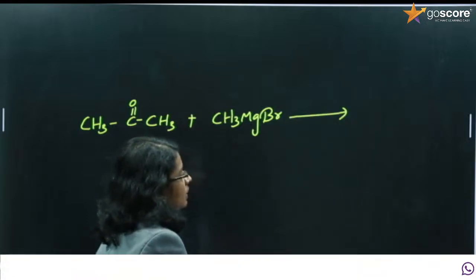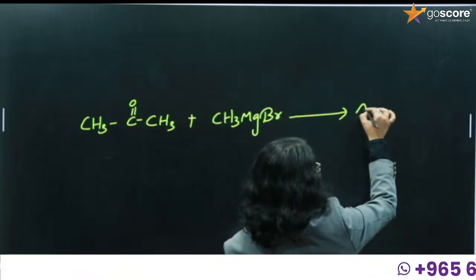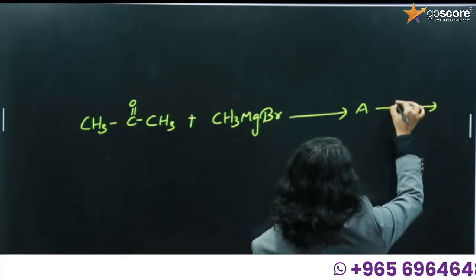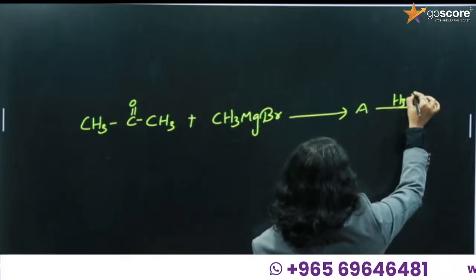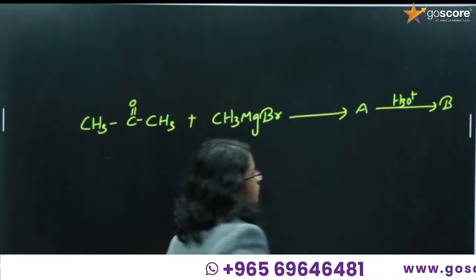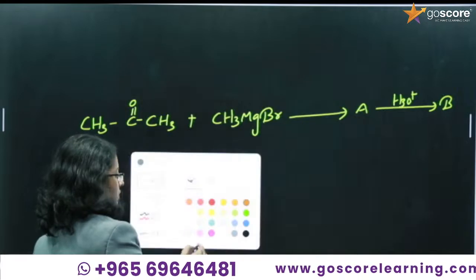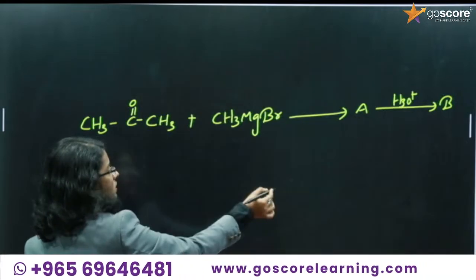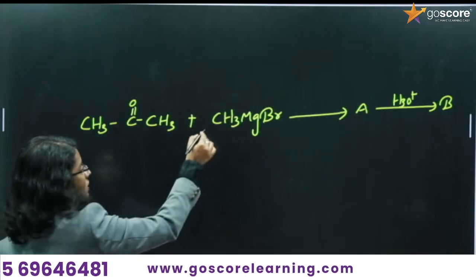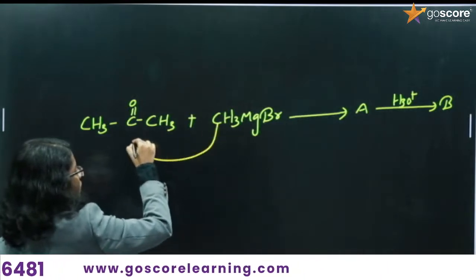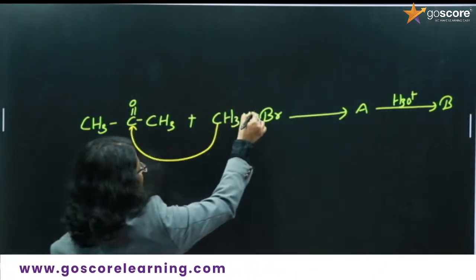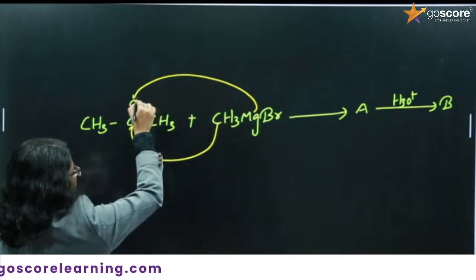Then tell me the product A, and this A on hydrolysis will give product B. What will be the product? Here the alkyl part will go to the carbon and this MgBr will be attached to the oxygen.